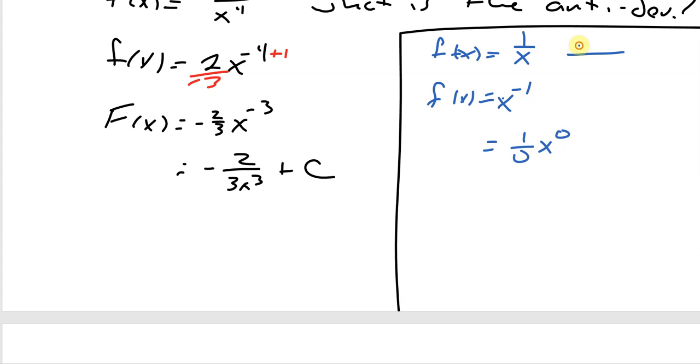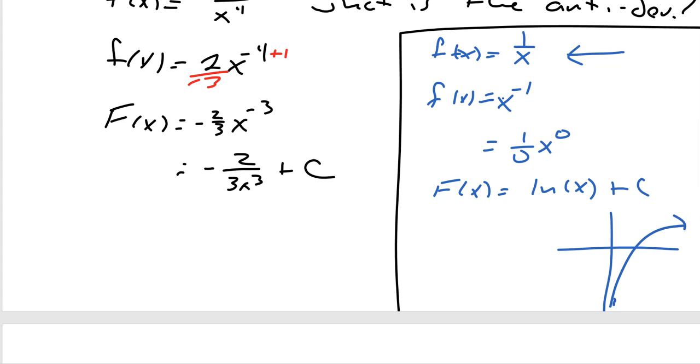So keep in mind, what function has 1 over x as its derivative? If you think back, the antiderivative for that would just be the natural log of x, and you might be really tempted to put that, and it would actually be slightly wrong. Natural log of x, if you think about the graph, looks something like that, right?